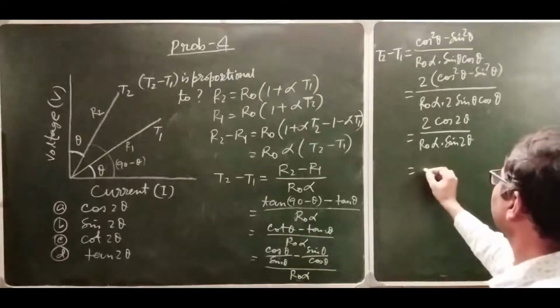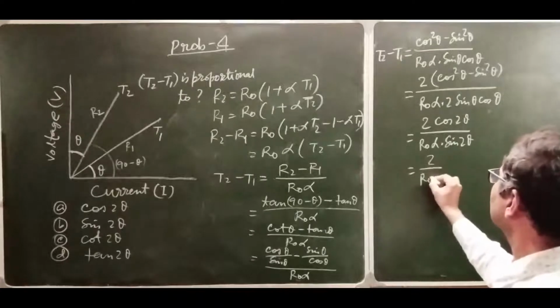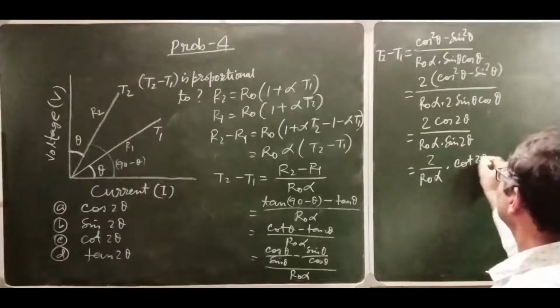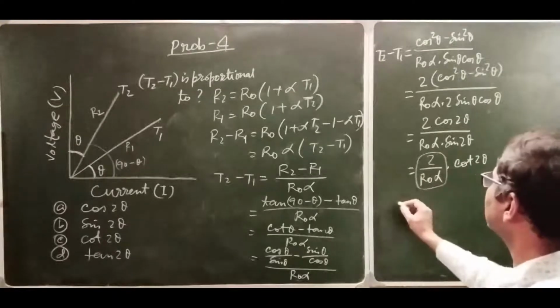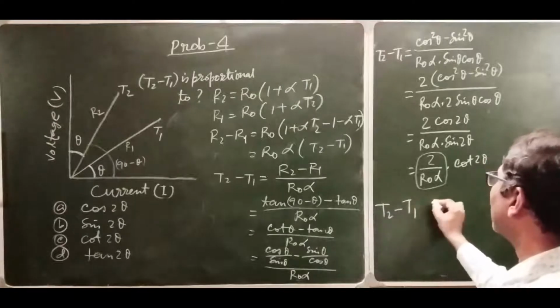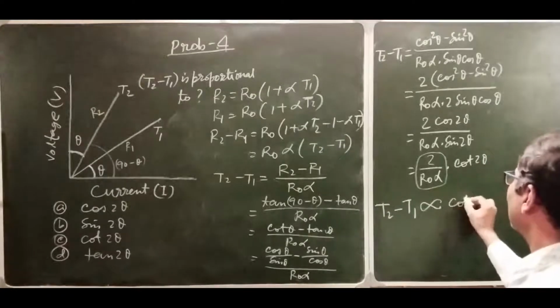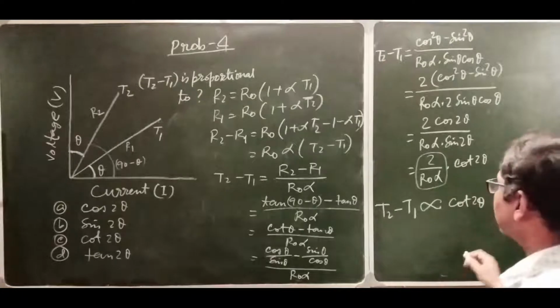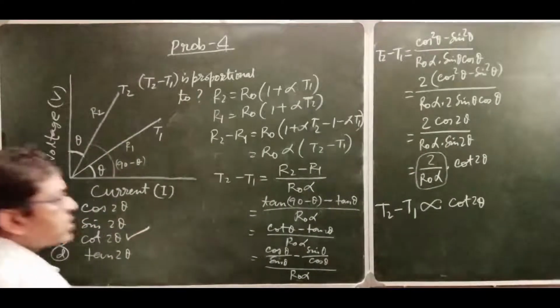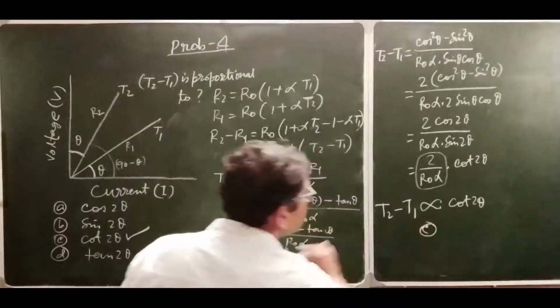That means 2 by R0 alpha into cot 2 theta. This part is constant, so we can easily write T2 minus T1 is proportional to cot 2 theta. That means option C is the correct option.